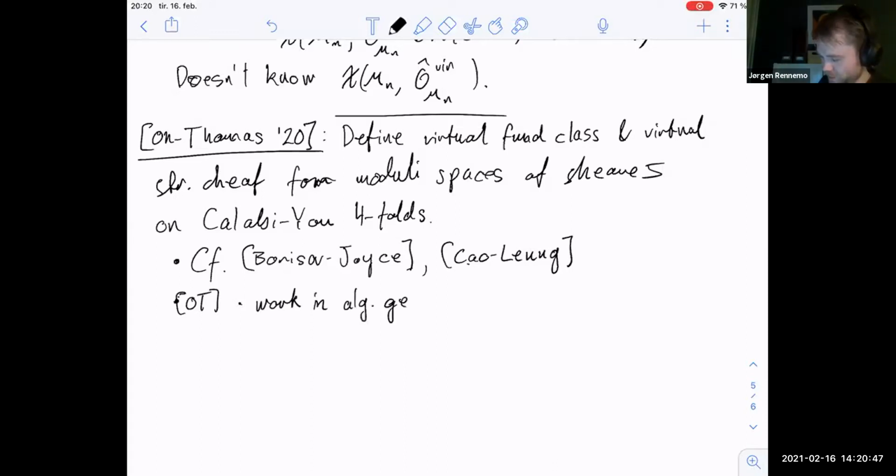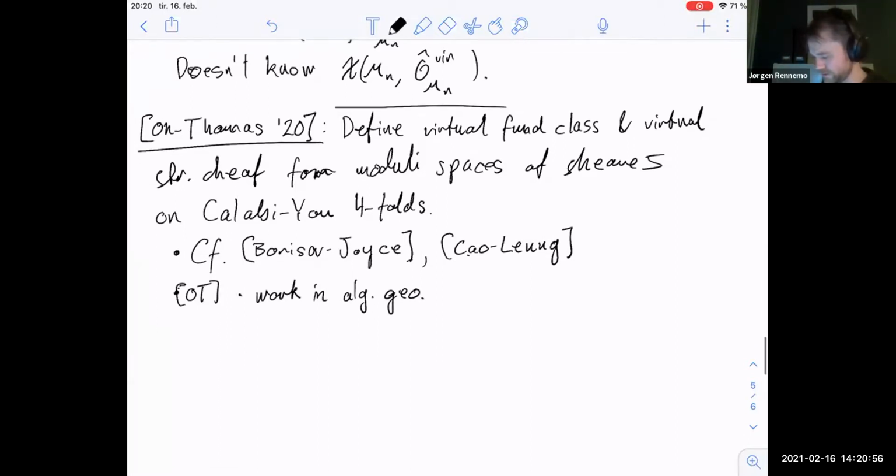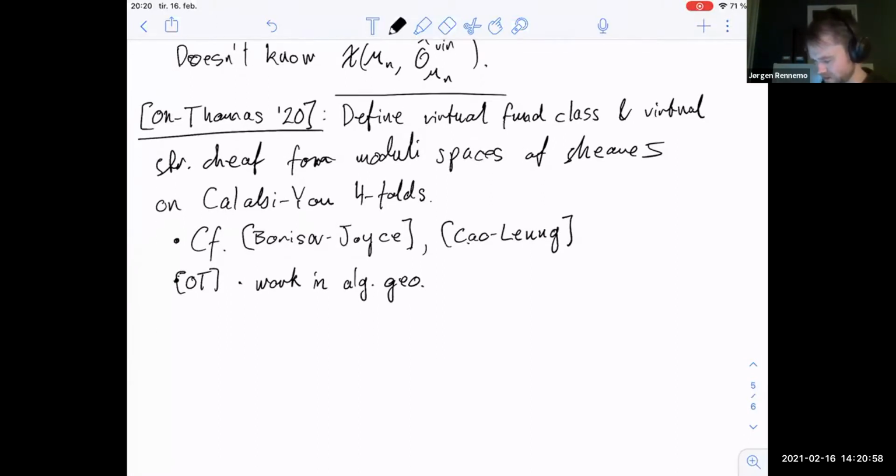So it's directly adapted to our study of the Hilbert schemes, whereas Borisov–Joyce are in derived differential geometry, and Cao–Leung are in gauge theory, I guess. Both of these are technically something of a detour if you want to compute things in algebraic geometry.